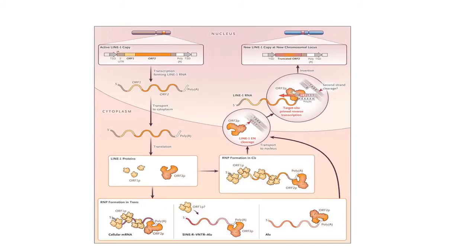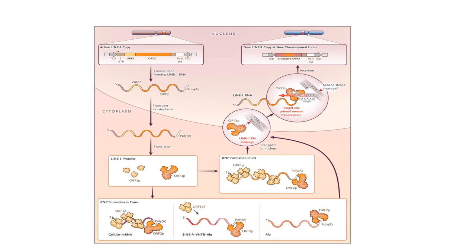This picture's a little bit better, I think. Same thing. You've got L1 being transcribed, okay, but you can have what they're calling this RNP formation in trans. Okay, so in those examples, the ORF1 and ORF2 will bind to the ALU RNAs or to a cellular RNA, a regular cellular RNA. But after that point, the ORF1 and ORF2 proteins will carry out their functions just as if it were really L1.